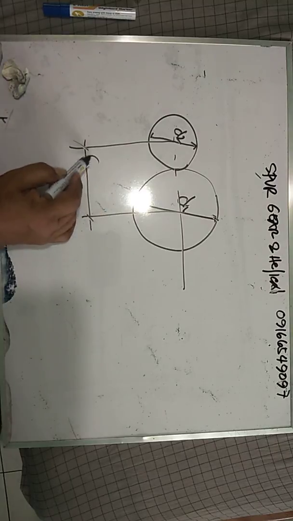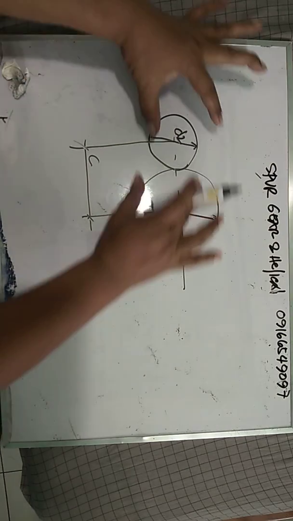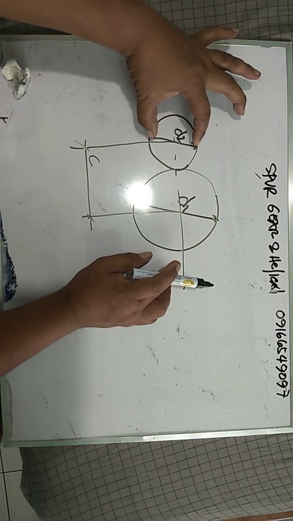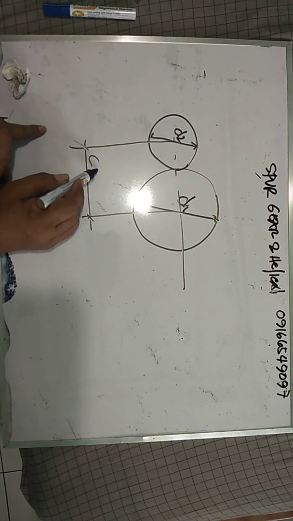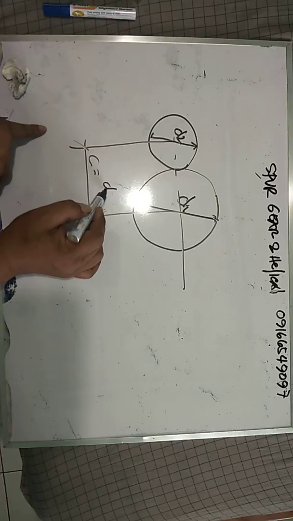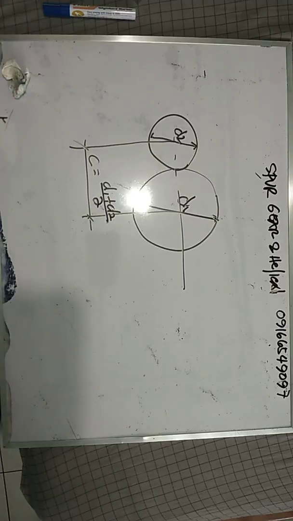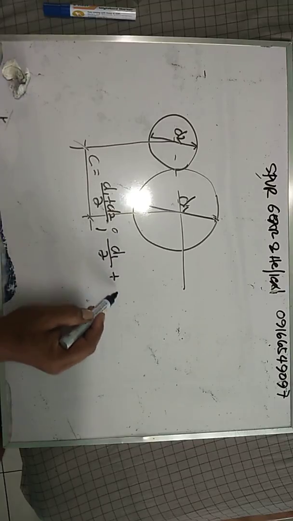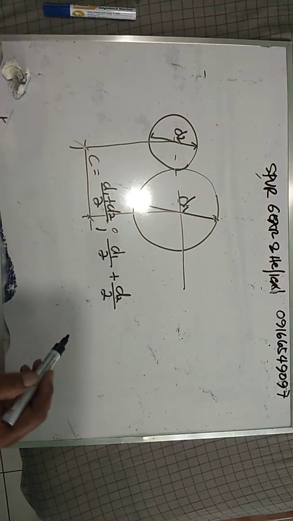So this is the center to center distance. This is gear 1 and this is gear 2, with pitch circle diameter D1 and pitch circle diameter D2. Therefore the center distance will be D1 plus D2 over 2. Or you can write this as D1 over 2 plus D2 over 2.